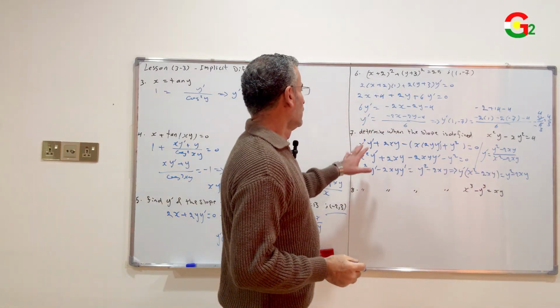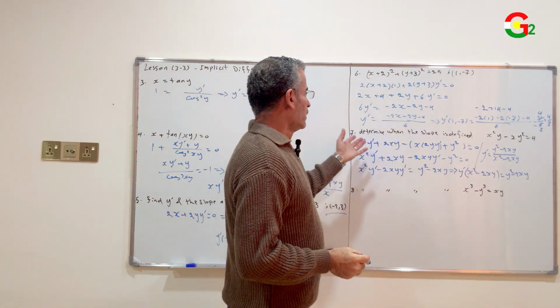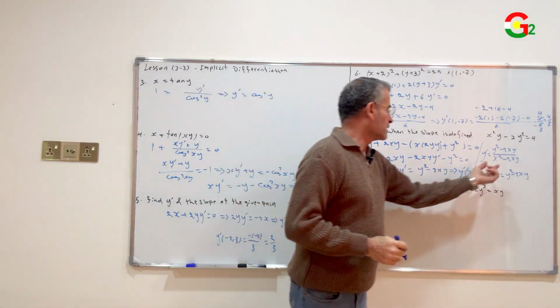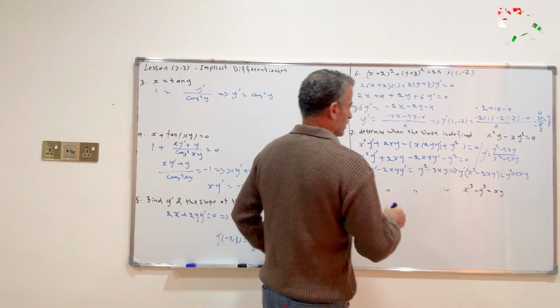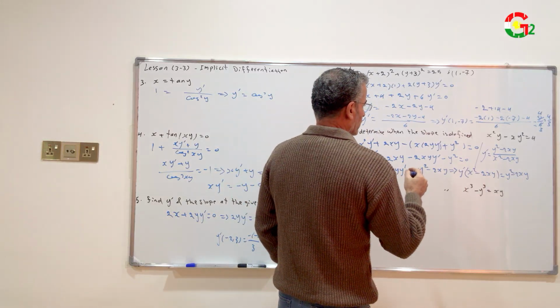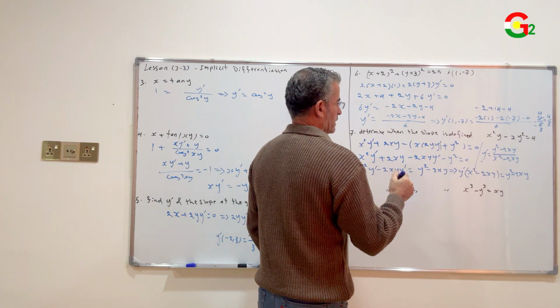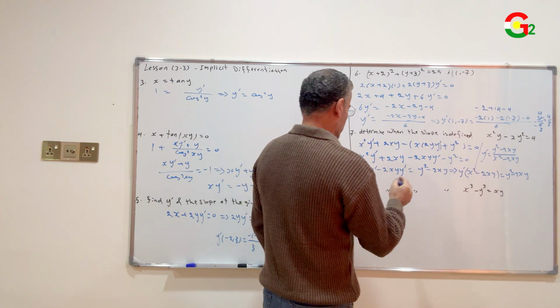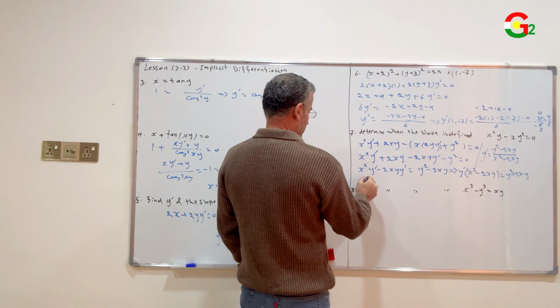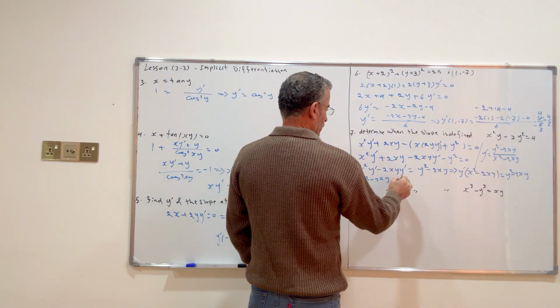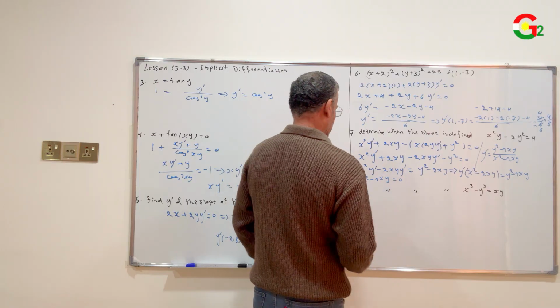Now, the slope of the tangent line is defined everywhere except when the denominator is 0. Then set the denominator to 0 and find the value of x. x power 2 minus 2xy equal 0.